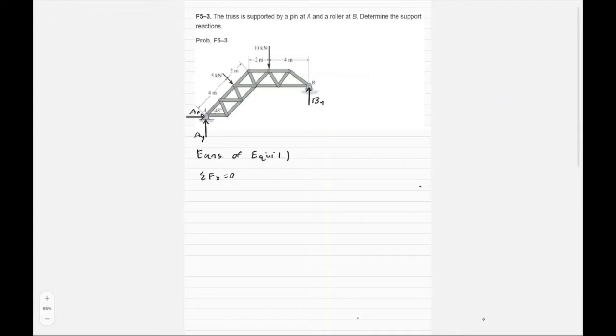To start this one off, we have our A of x support reaction of course, and then there's one other force. If you picture this part of the truss right here with that 5 kilonewton reaction, you can see that there's that 45 degrees that is part of that truss where it's angled.